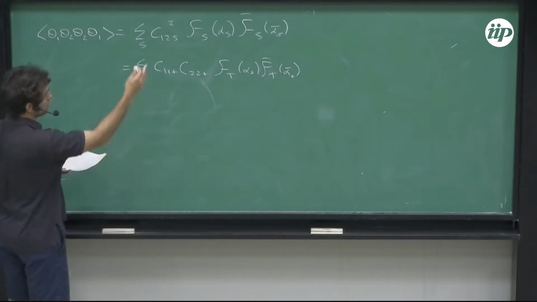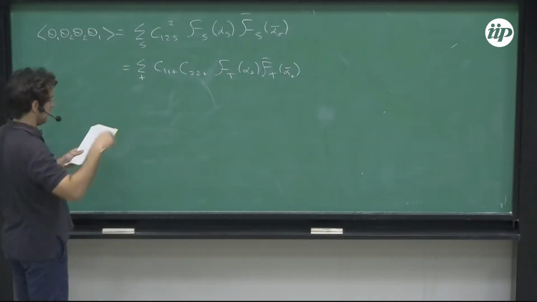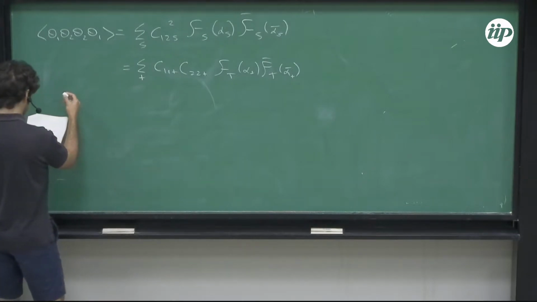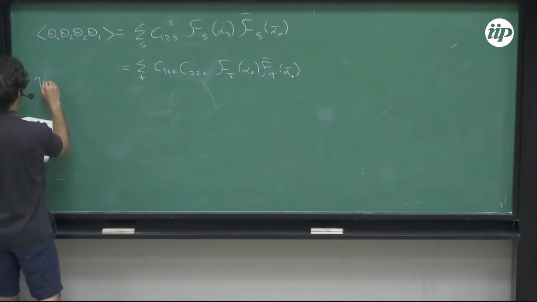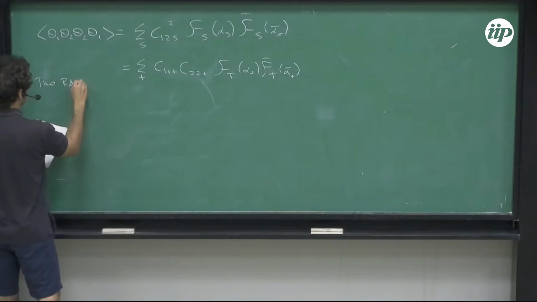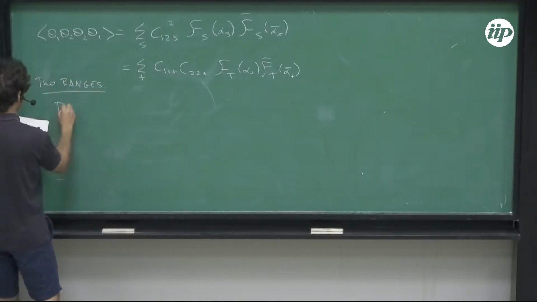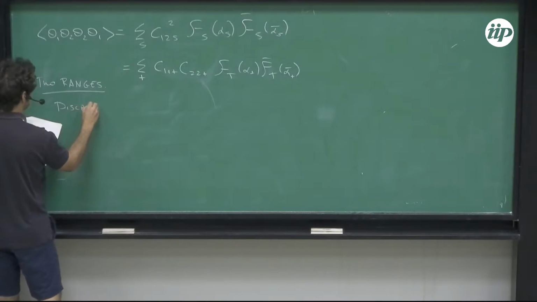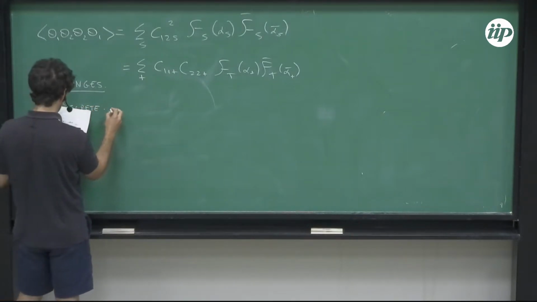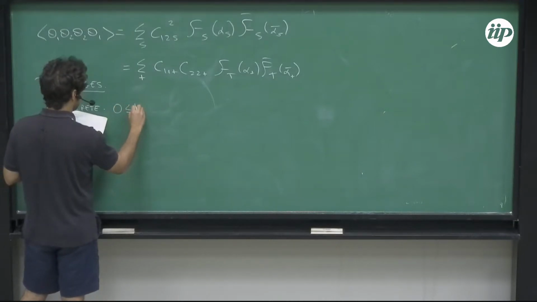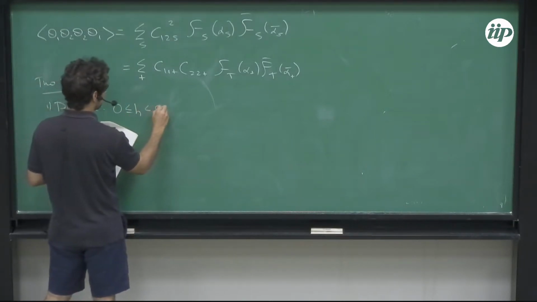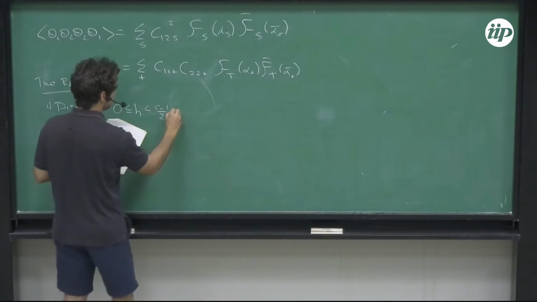And as you can see from the definition up there, there are two natural ranges of dimensions. One of them I'll call the discrete, for reasons that will hopefully become clear soon, which corresponds to h bounded below by 0 and bounded above by (c-1)/24.